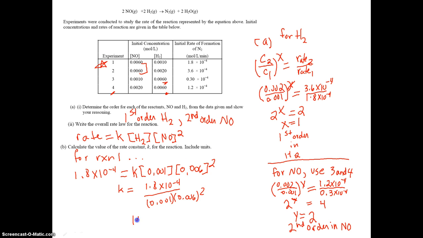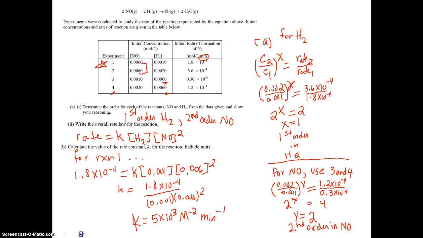And K, if we do that math, is about 5 times 10 to the, sorry, 10 to the third. And the units on that, since the overall order is third, it's going to be M to the negative 2. And our time in this case is minutes, and so it'll be time to the negative 1, so minutes to the negative 1. And so that is K.